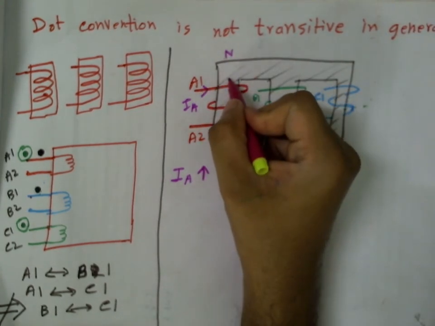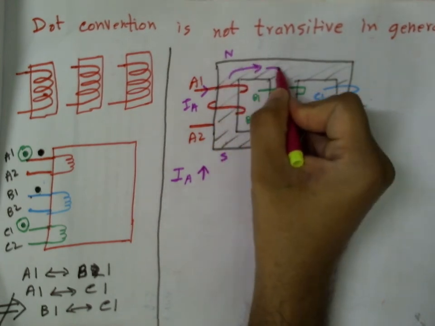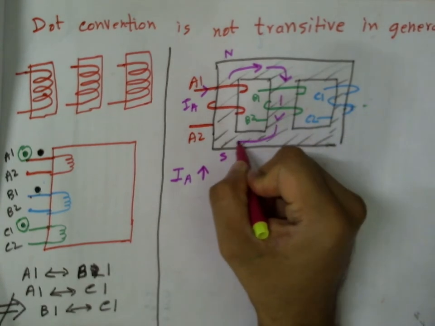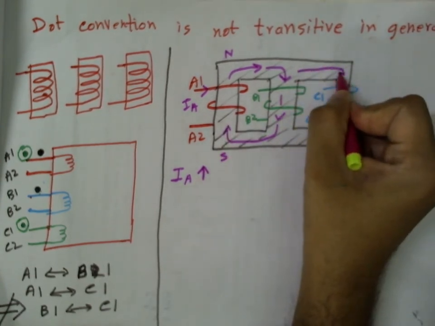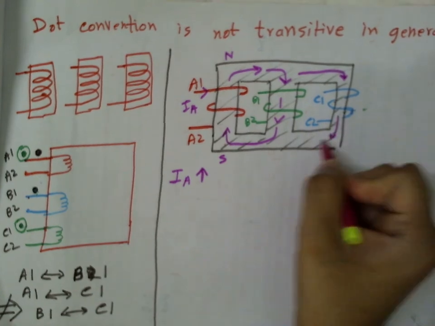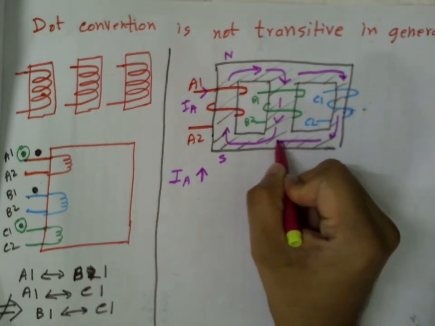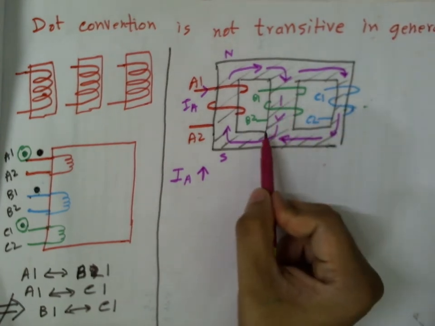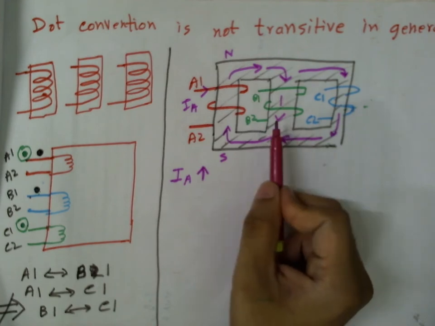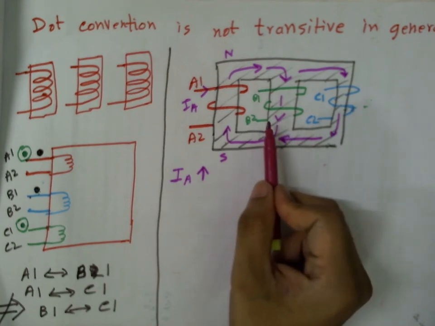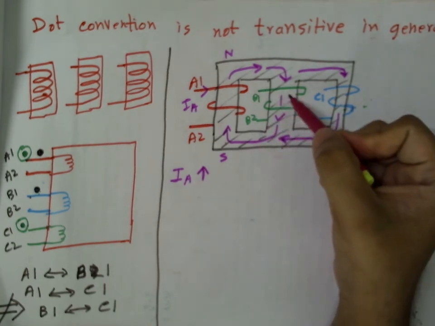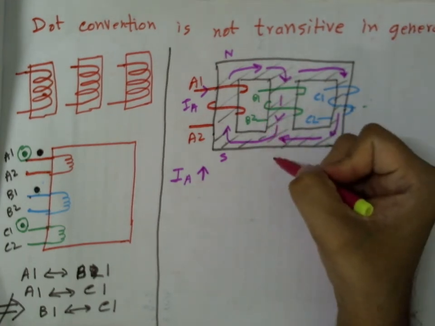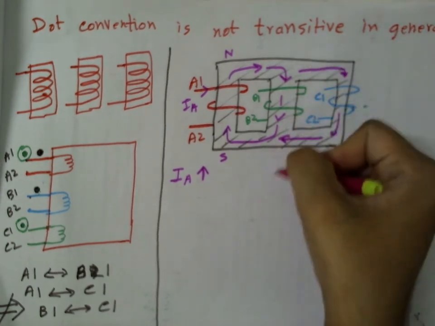So flux comes out like this, then comes like this, and here again it goes like this. Right, so here the coil B will try to generate an EMF such that to oppose this increase of flux. So coil B will try to generate a flux in upwards direction.